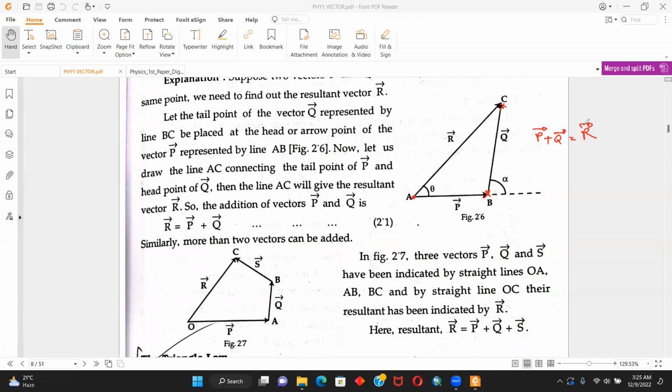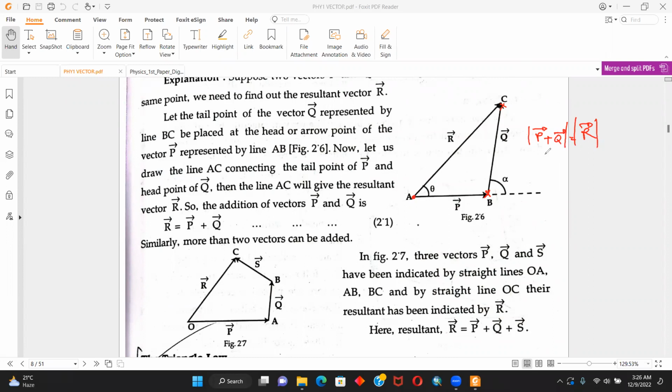Now, it's not the magnitude of P vector and Q vector equal to R vector. It's the P vector and Q vector themselves that equal the R vector. If you want the magnitude, you have to draw an absolute sign on both sides.